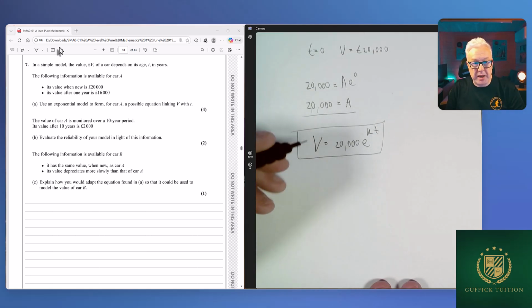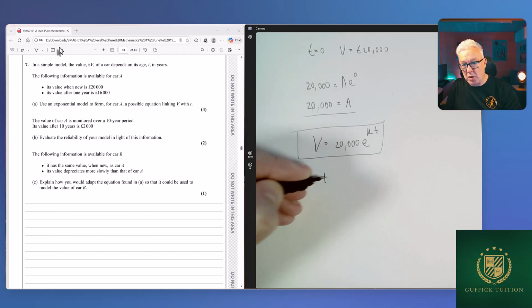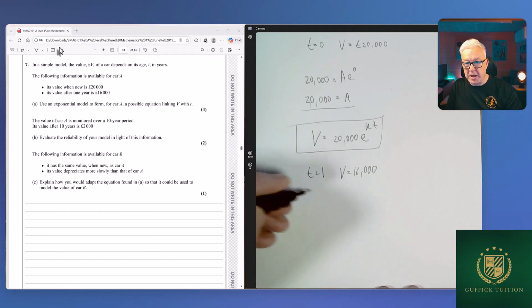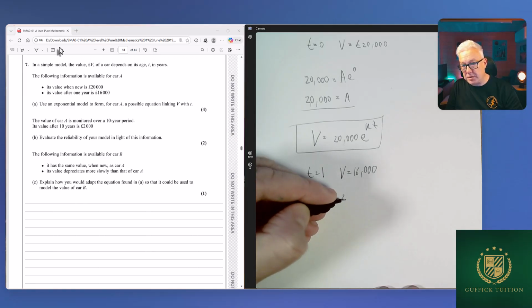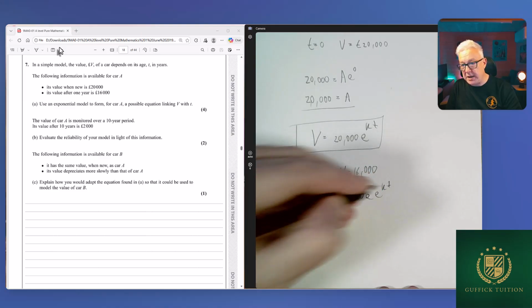Now let's think about the k. We know that after 1 year, in other words when t is 1, the value is now 16,000. So let's put that information in. We have 16,000 is equal to 20,000 times e to the kt.